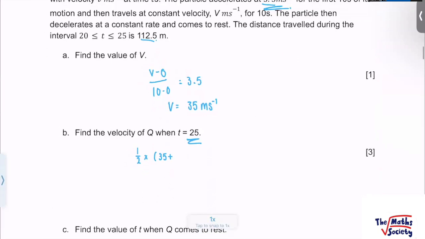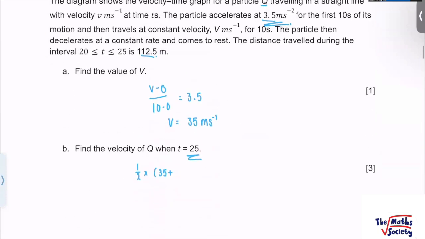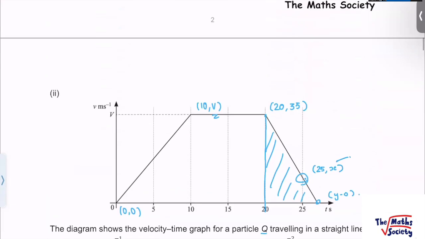So it's going to be half, 35 plus x, multiply 5, and that is equal to 112.5. So that is 35 plus x equals 45, so you have x equals 10. So now we know that this is 25 comma 10.